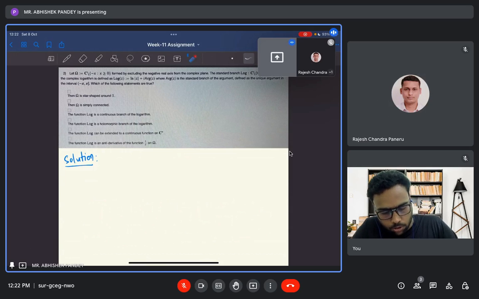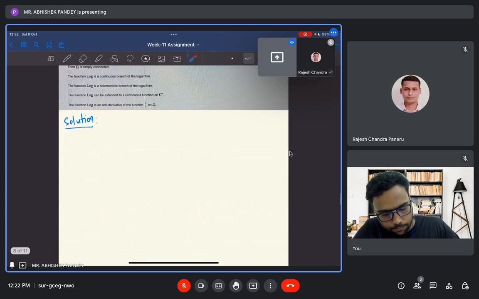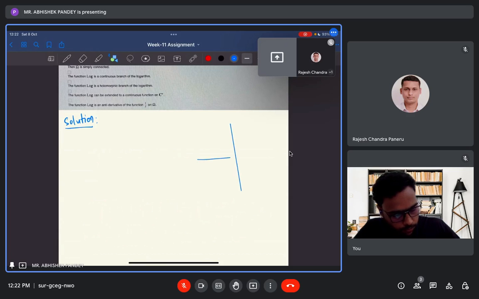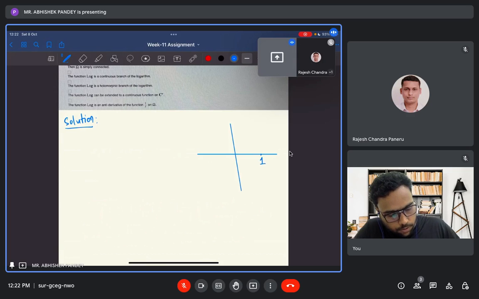As you can see here is your 1, and this is removed. We have removed the negative real axis.